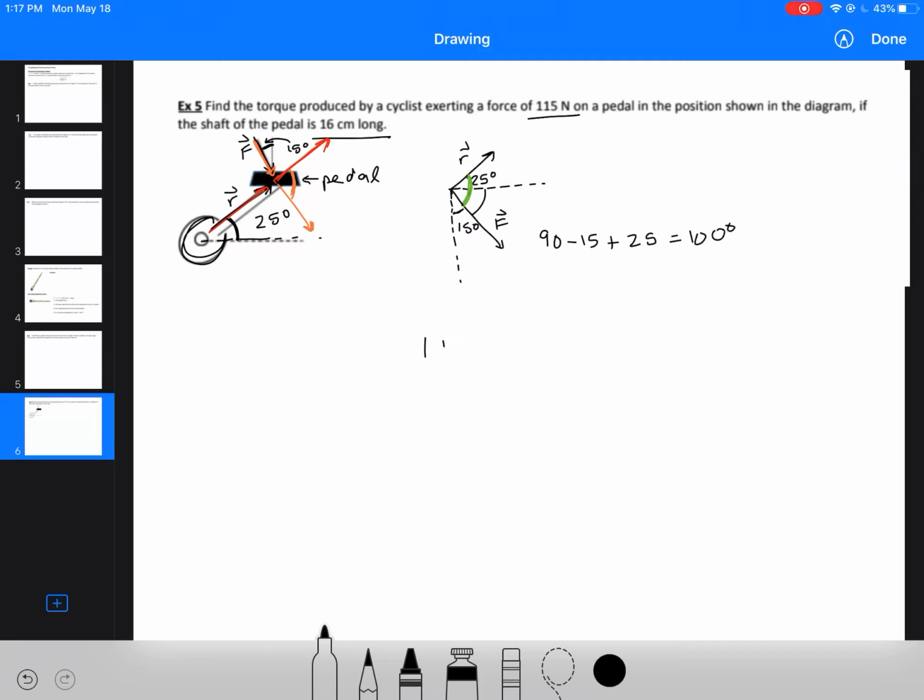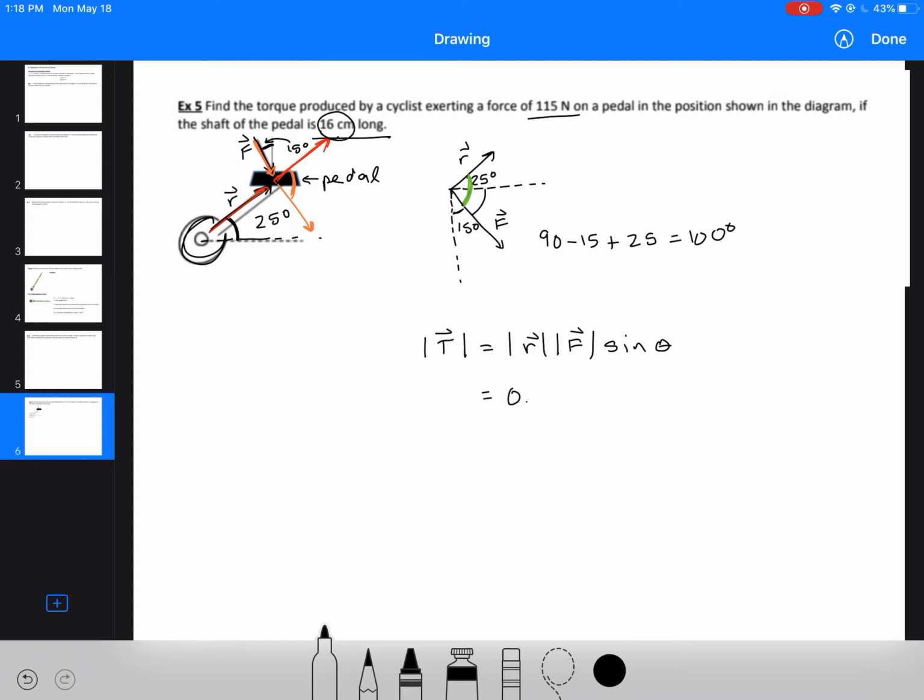So now I can use my formula to find the magnitude of the torque. So I've got the magnitude of the torque is equal to the magnitude of the radius times the magnitude of the applied force, sine of the angle between them. So I'll put in my known values. So I've got the shaft of the pedal is 16 centimeters long.